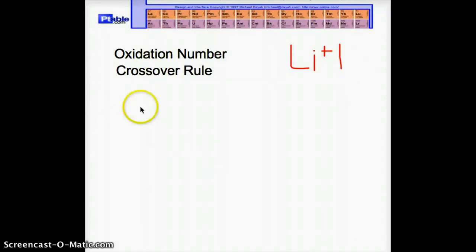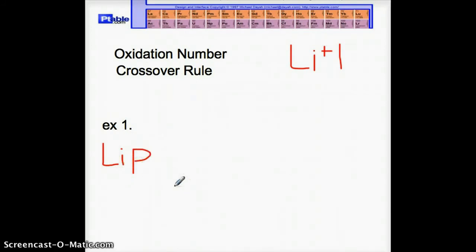So let's keep this as example 1. In our example, we must find the formula of the compound formed by lithium and phosphorus.